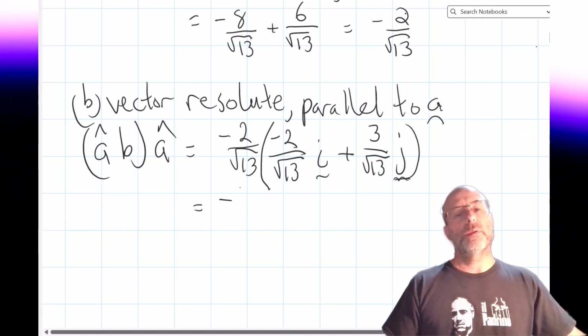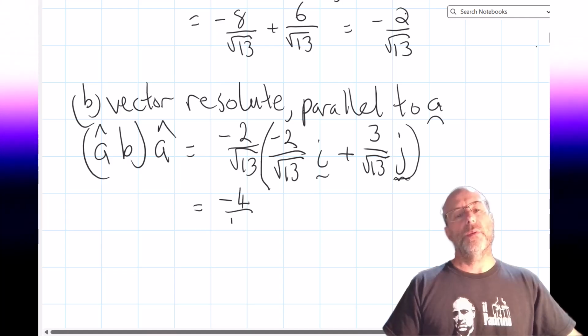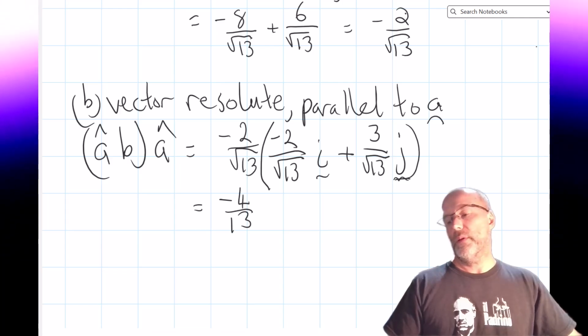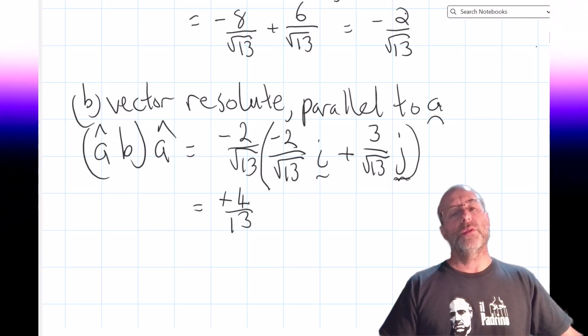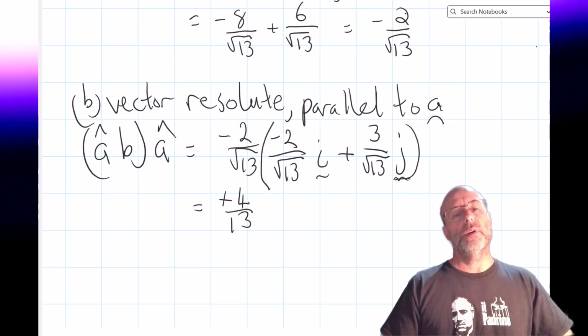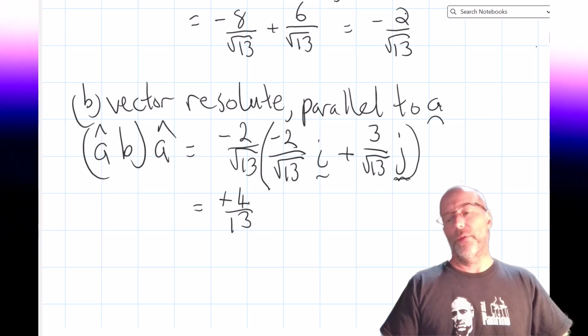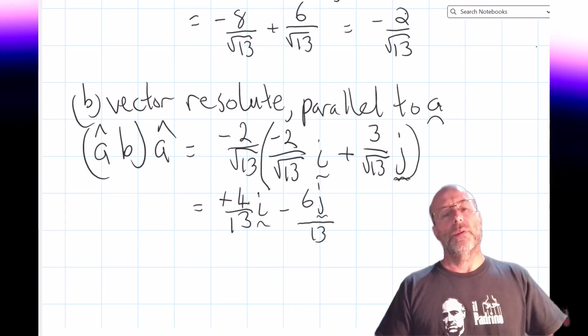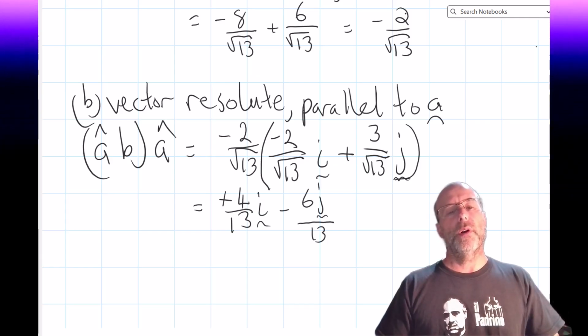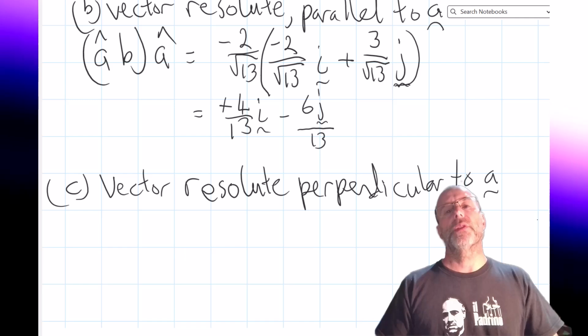Subbing those things in, we've got 4 over 13, negative that. Oh no, it's two negatives, it makes positive. Positive 4 over 13, not root 13. So 4/13 i minus 6/13 j.